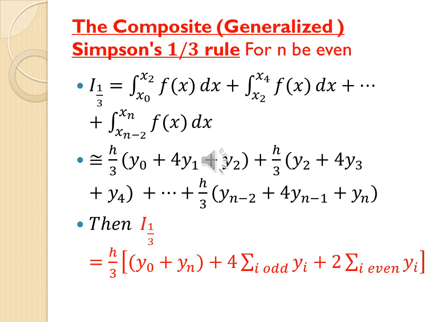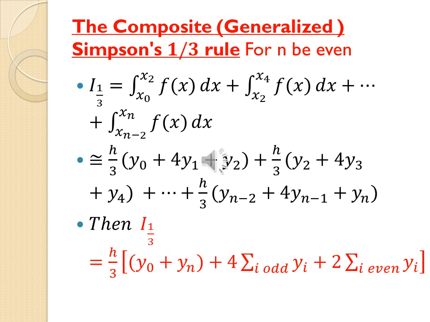Now the other rule is composite Simpson. We derived before the Simpson rule for 3 points. Simpson for 3 points equals h over 3 times first point plus last point plus 4 times the middle point. We have only 3 points: first point, second, third point, plus 4y.